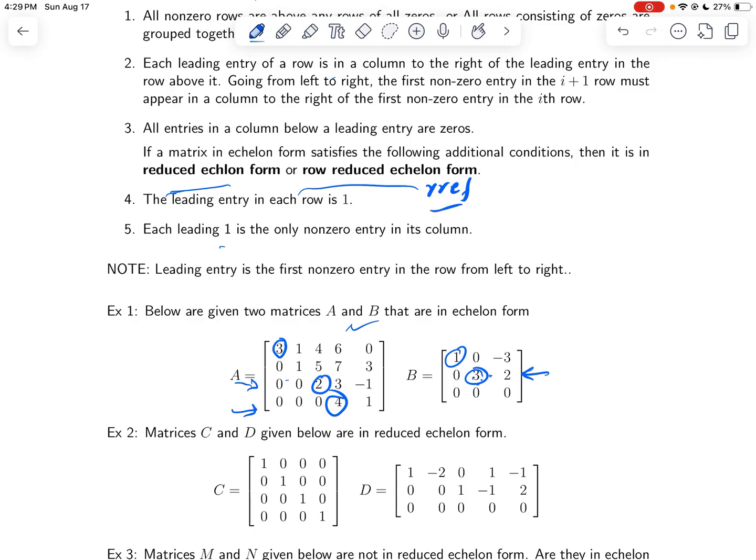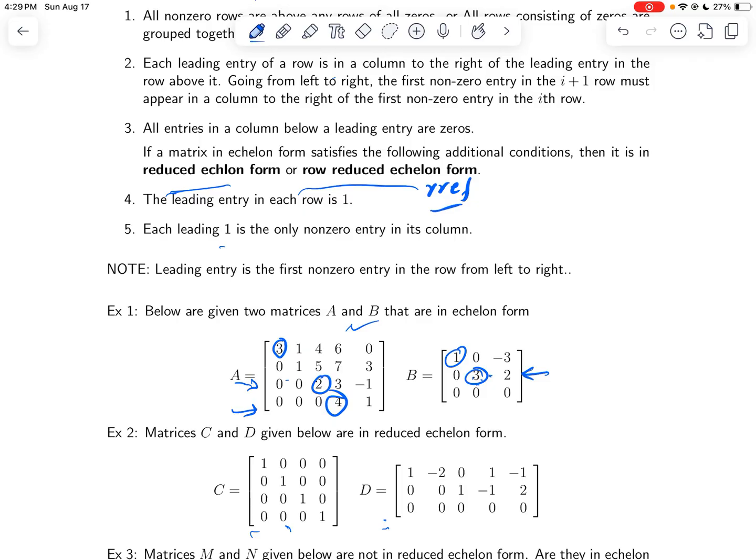But now the leading entry must be 1, and all the rest of the entries in the column should be 0. So let us look at these two, C and D.